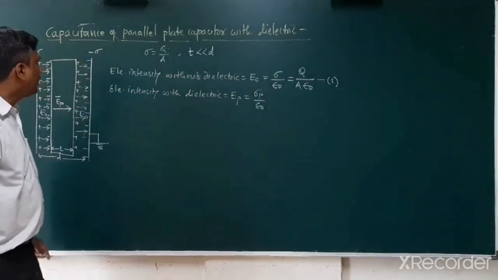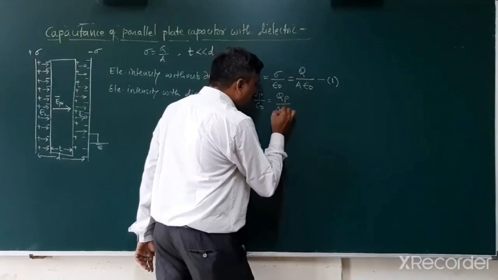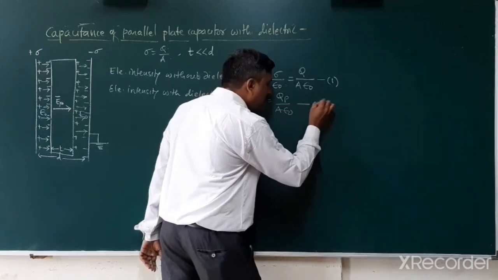Why sigma p? Because inside there are no free charges, but the electric intensity is present, meaning some charges are induced, some charges are polarized. Those charges are QP, so EP equals QP divided by A epsilon 0.